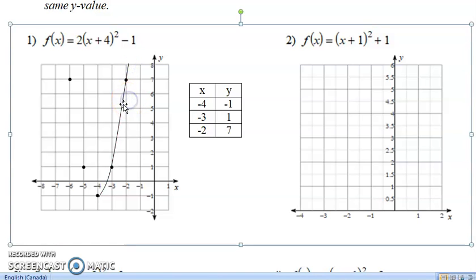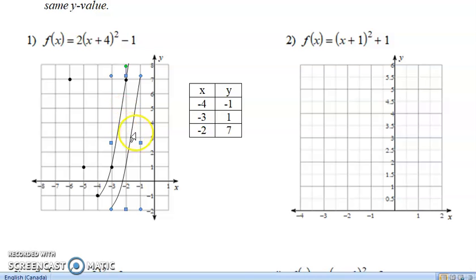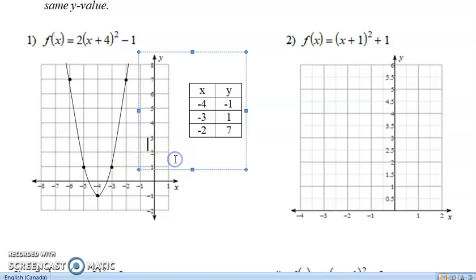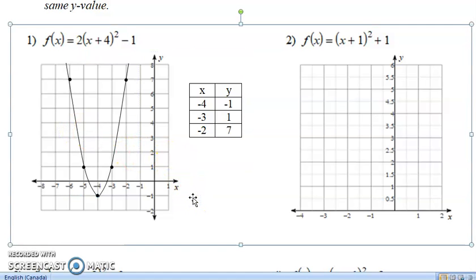That's pretty good. I missed by a little bit. Okay, there we go. And that is how you graph a parabola.